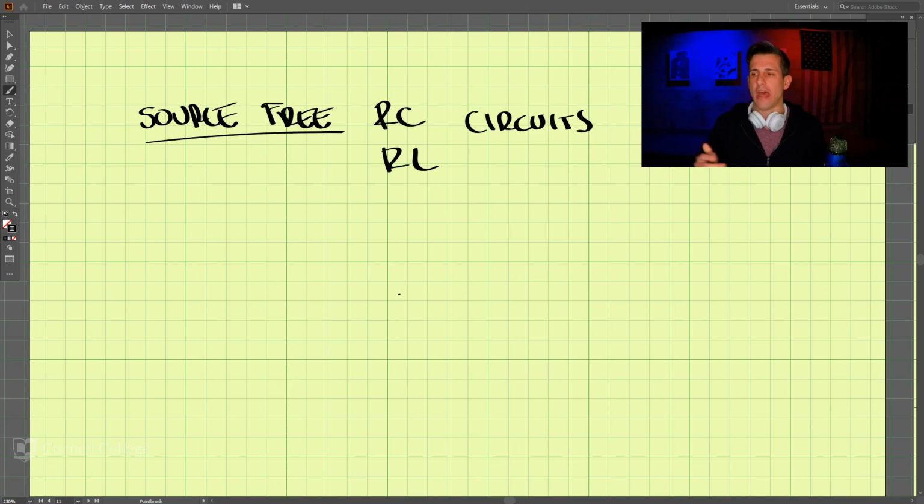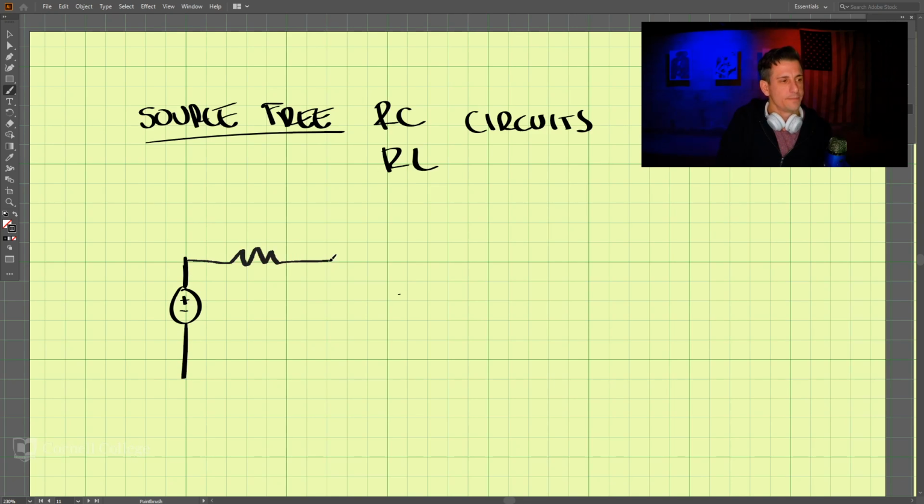If we do that, we could think of it as having a source here and a resistor, and then let's say a switch and a capacitor here.